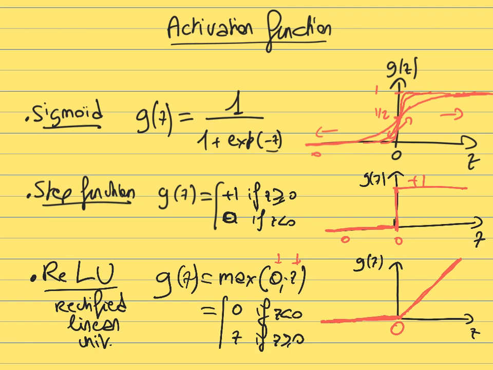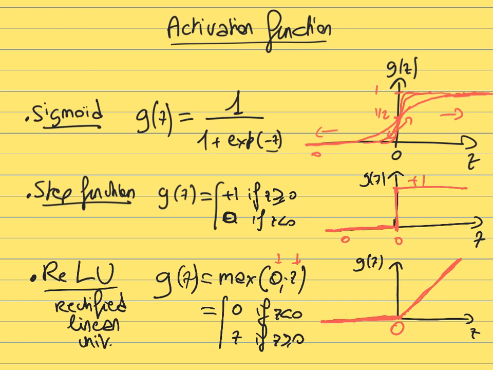So when you build an artificial neural network, you will have to choose what is the activation function that you want to use. You can either use the same activation function for all the neurons, or decide that certain neurons will have certain types of activation function and other neurons will have other types. But usually, as a first start, it's good to just start with all the neurons having the same.